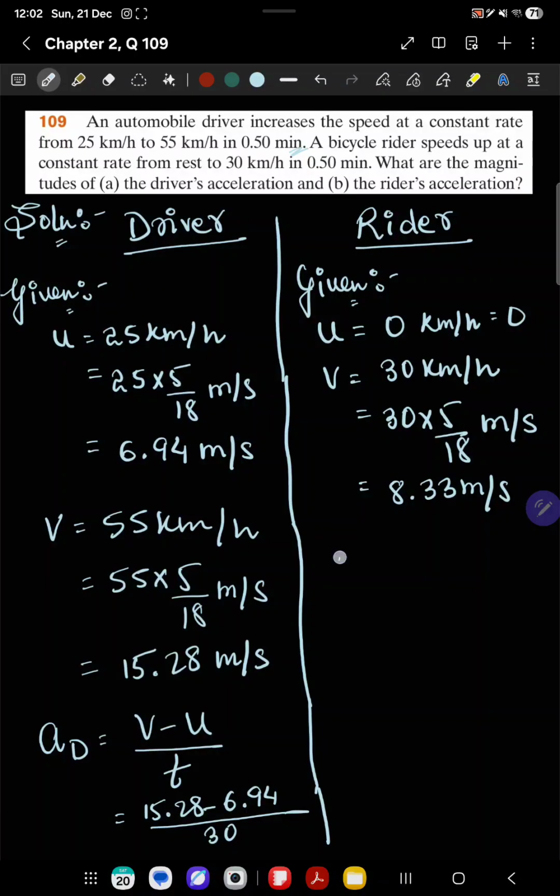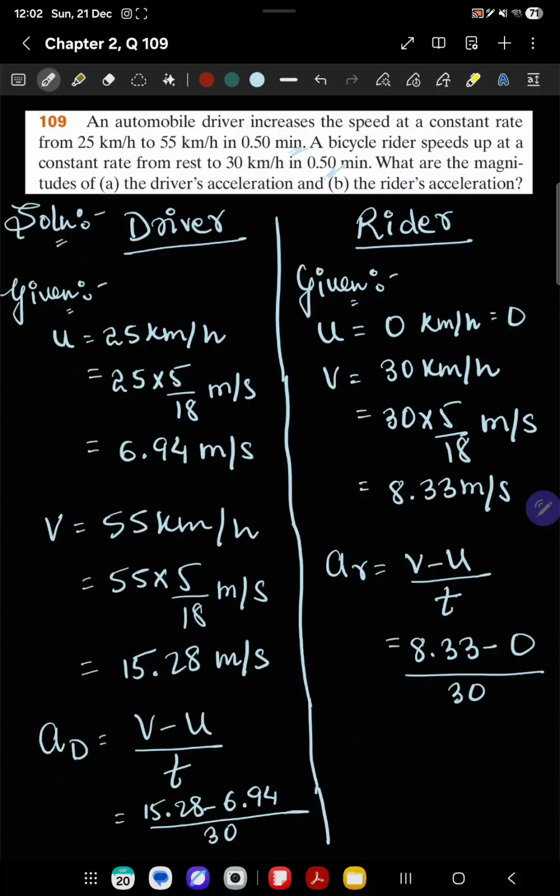So acceleration for the rider is v minus u by t, where v is 8.33, initial velocity of the rider is 0, and time is 0.50 minute, so we will be writing 30 seconds.